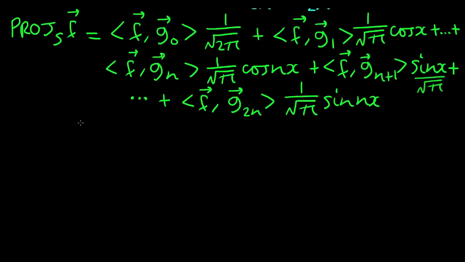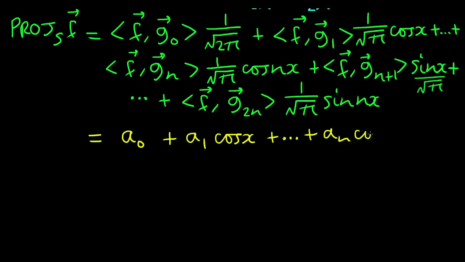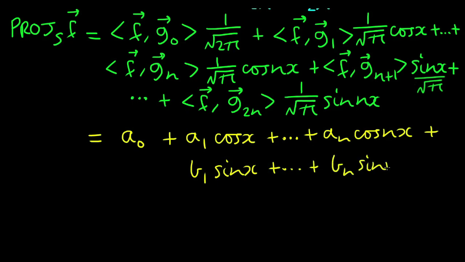And now we can write this projection as a constant a0 plus a1 by cosine x, and so on up to an by cosine nx, and then we have b1 by sine x, and so on up to bn sine nx. So you can see this is a Fourier series, with a and b being the Fourier coefficients. So we can compute the Fourier coefficients as follows.